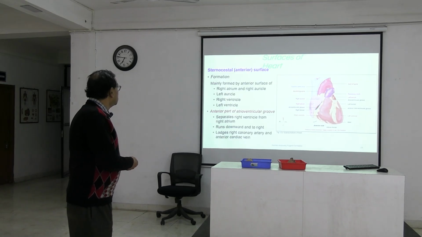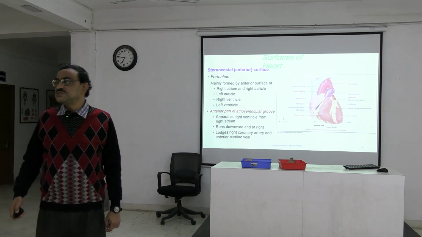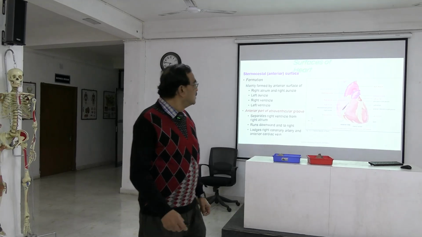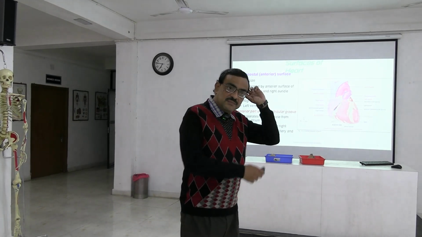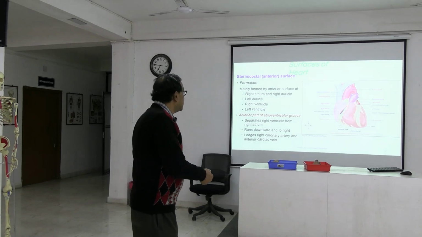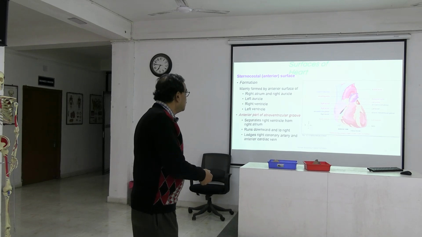So the surfaces we can see, that is the sternocostal surface, which has been contributed by the right atrium, right ventricle, and the left ventricle, and also by the right auricle, and this is a tongue-shaped area. This is also a tongue-shaped area. This is on the right side from the right atrium, that is the right auricle. It is from the left atrium, so the left auricle.